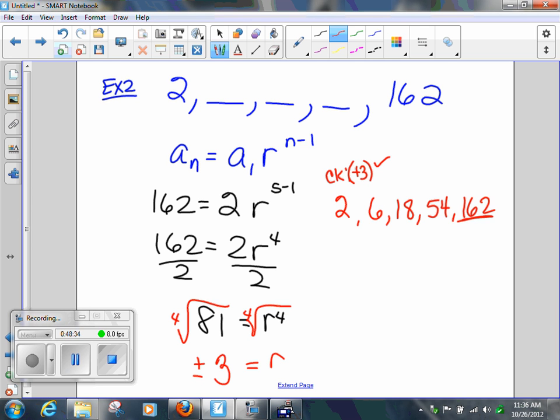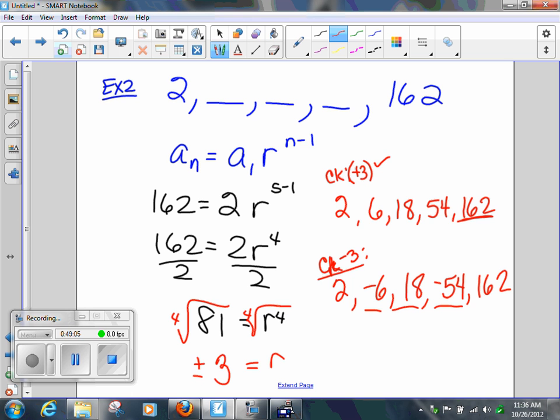That's what we were given. Let's check negative 3. So 2 times negative 3 is negative 6. Negative 6 times negative 3 is positive 18. Positive 18 times negative 3 is negative 54. And negative 54 times negative 3 is positive 162.